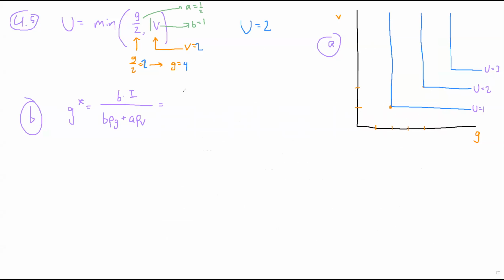So we have 1 times I over 1 times price of gin plus 1/2 times price of vermouth. You could do some simplification using algebra to get 2I over 2PG plus PV. Let me see if that's consistent with the answer key as well.